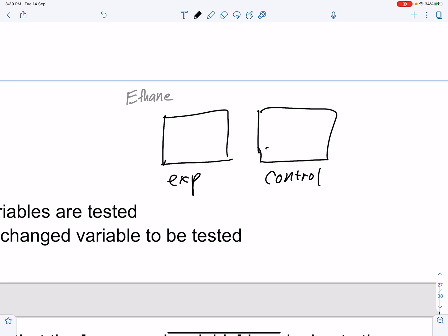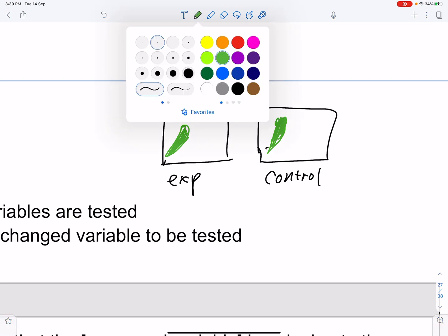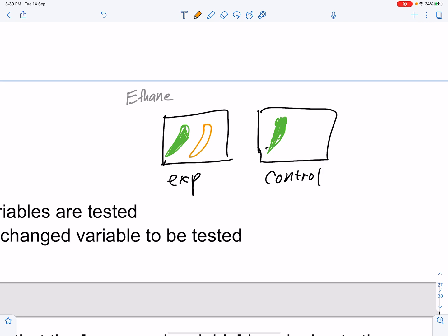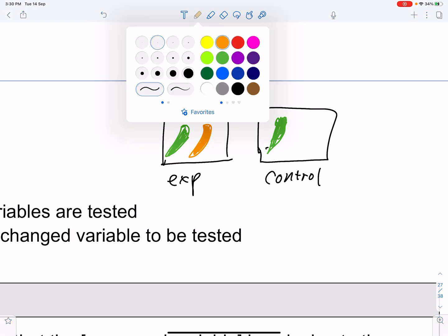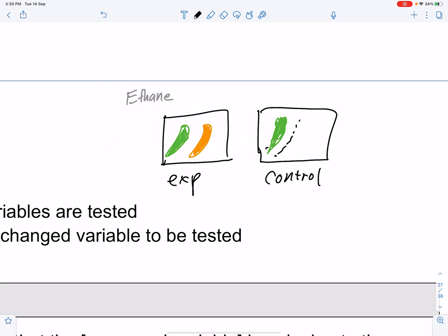in your experiment setup, you should have one unripe banana. Same for your control. Everything else must be the same. But you want to find out if ethane gas actually helps with speeding up the ripening process, so you need to put in the ethane gas. The ethane gas in this case is a ripe banana. They tell you that a ripe banana releases ethane gas. For your control, you remove the ripe banana.